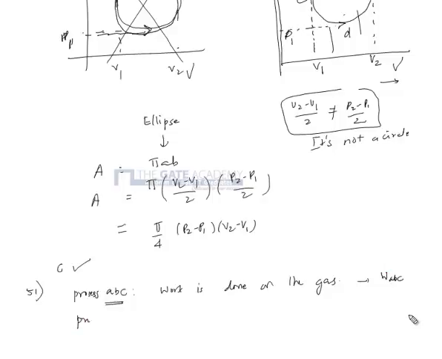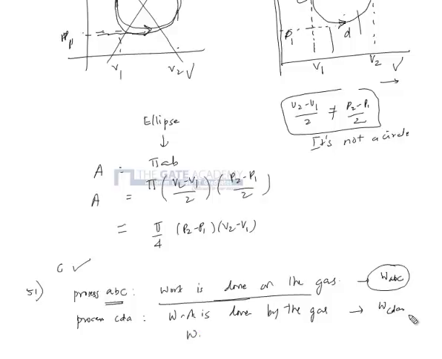Now if you look at the process CDA, here when you go from C to A, volume is increasing, so work is done by the gas, or work is done by the system, where the system is the gas. So that is WCDA. We know that WABC is more than WCDA.